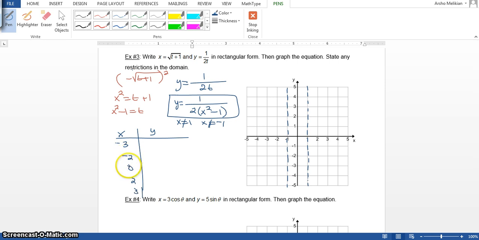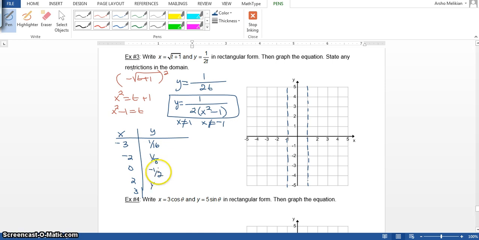When x equals negative 3, I believe I get 1 over 16 for y. When x equals negative 2, y is positive 1 over 8. When x is 0, y is equal to negative half.